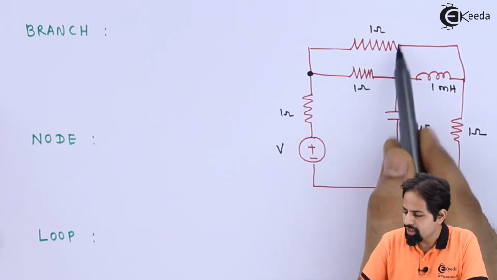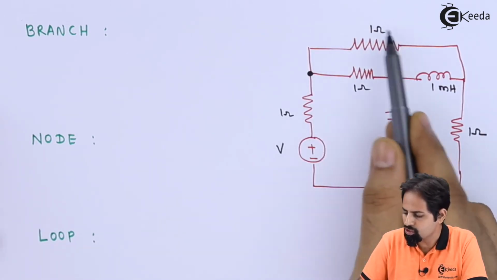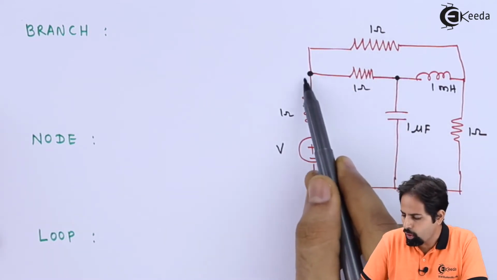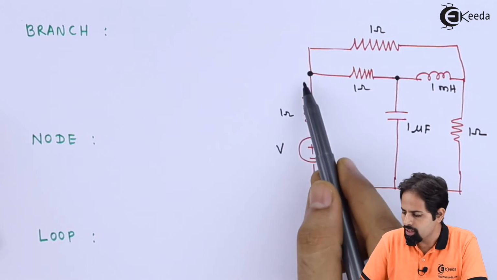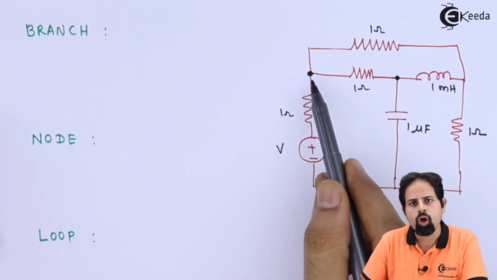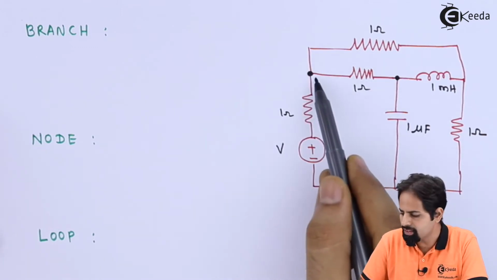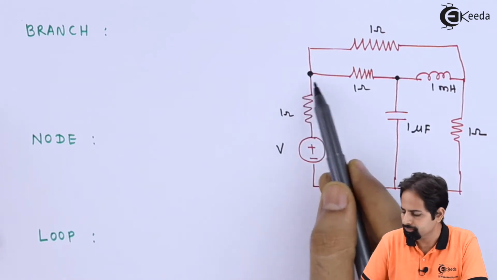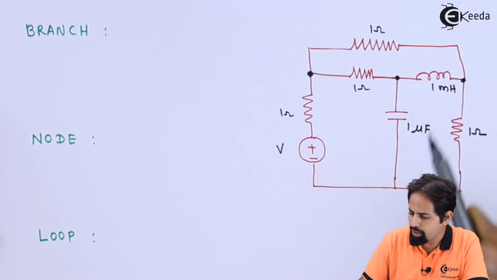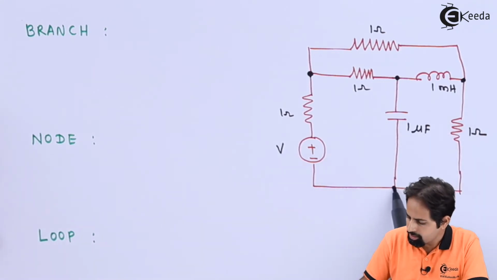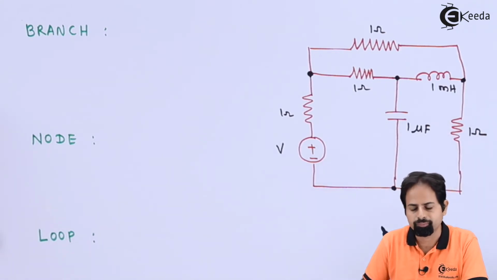So even if this 1 ohm resistance was not there, we would have called this point a node, because the definition of a node is where at least two or more than two branches meet at a particular point. So here this is a node, this also is a node, this point is also a node, and this can be called the base node.